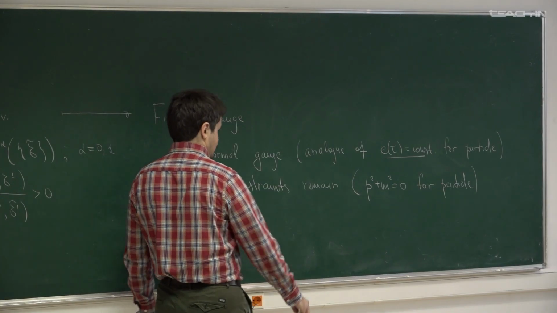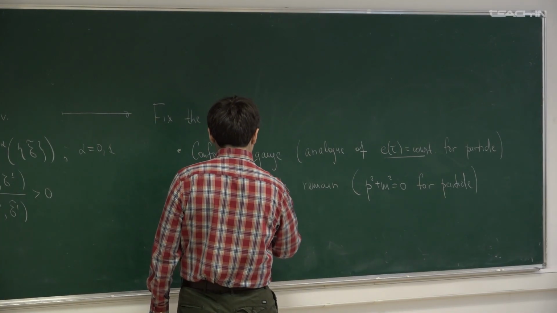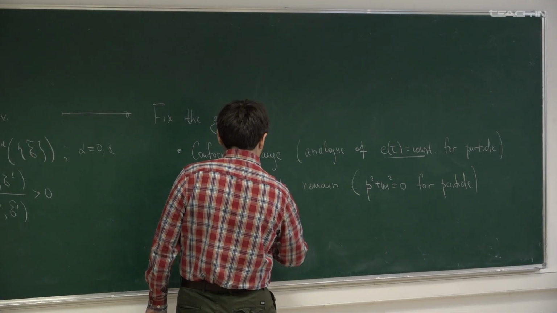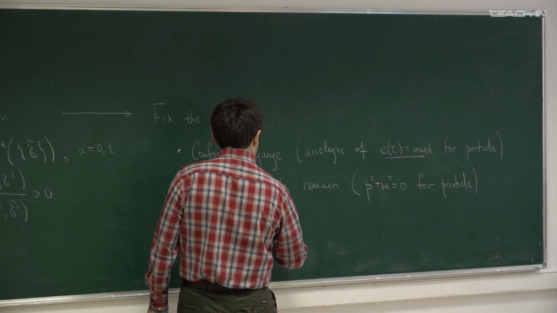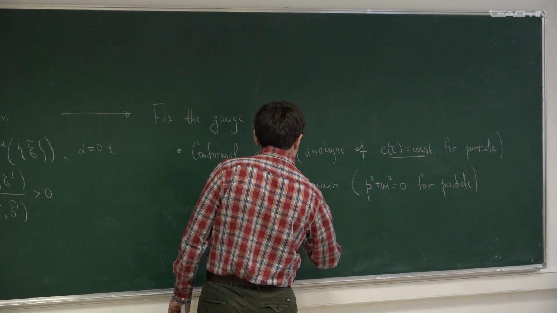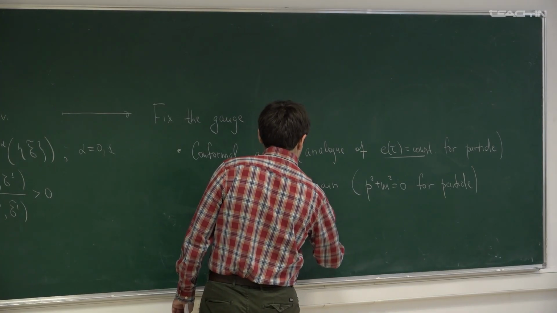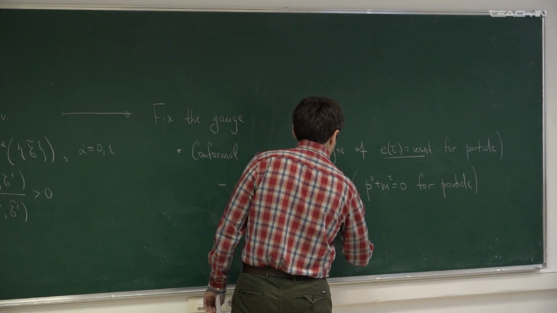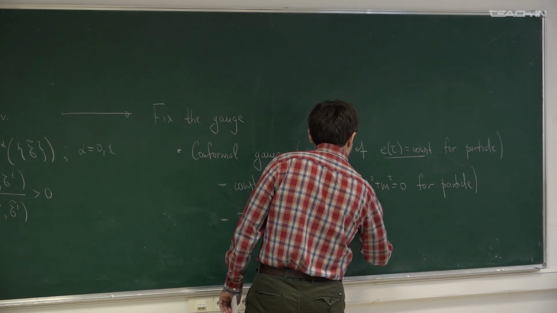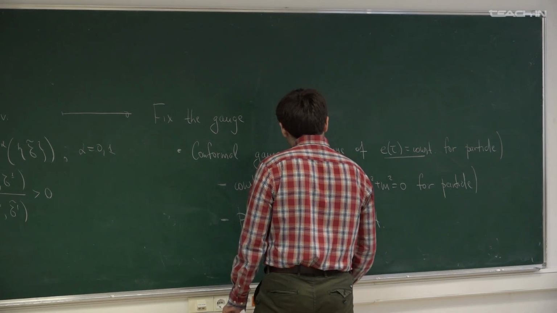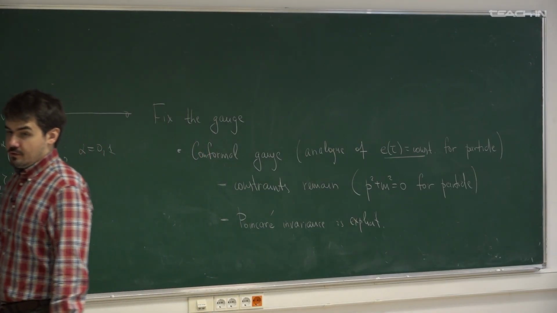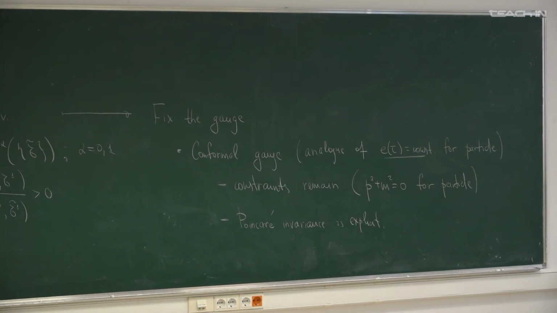Or in general, Poincare invariance remains. Poincare invariance is explicit. So right, in principle, when we fix a gauge, we could accidentally break some of the symmetries that we have.